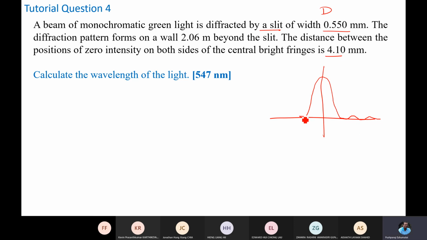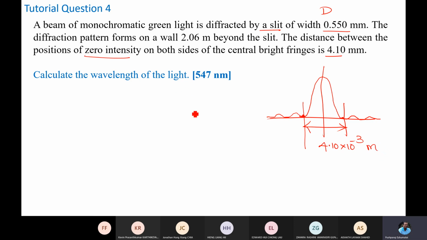Here also there is a small peak, then the dark image, and then the peak vanishes like that. So this is zero intensity on both sides. From here to here, the distance is 4.1 millimeter.